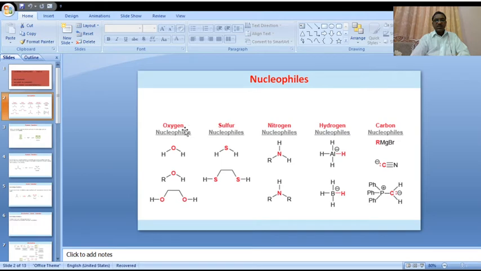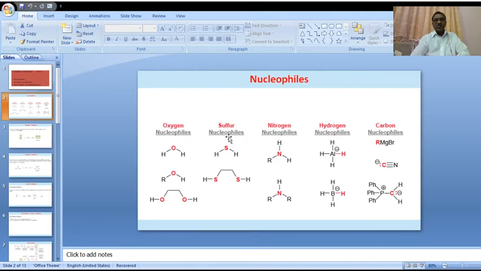The oxygen atom containing nucleophiles, for example, H2O water molecule, ROH alcohol, and hydrogen peroxide H2O2. These are all oxygen atom containing nucleophiles.